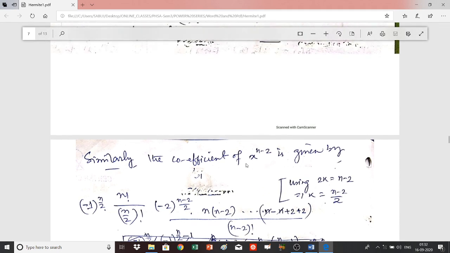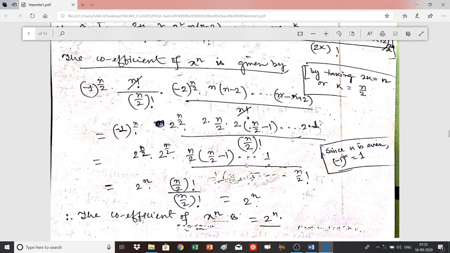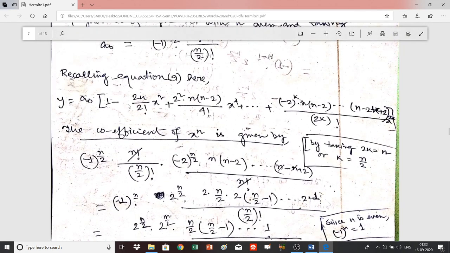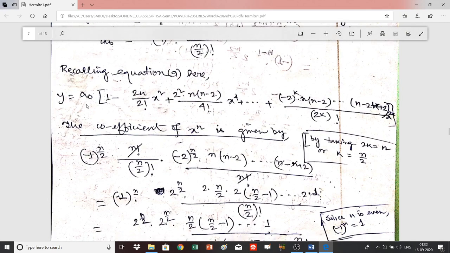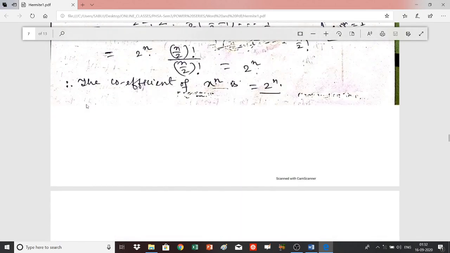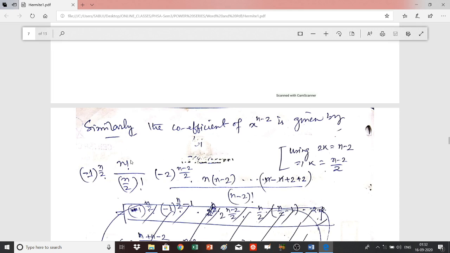Then from the last term, first you substitute the value of a0, that is a0 is equal to minus 1 to the n by 2 n factorial by n by 2 factorial, then minus 2 to the power k was there, so you substitute the value of k, that is minus 2 to the power n minus 2 by 2, then n into n minus 2. In this way, n minus 2k plus 2 was there, so just substitute the value of 2k minus n, another minus will give you plus 2, and the last term is plus 2.